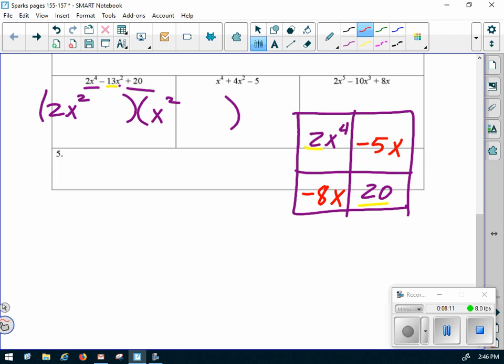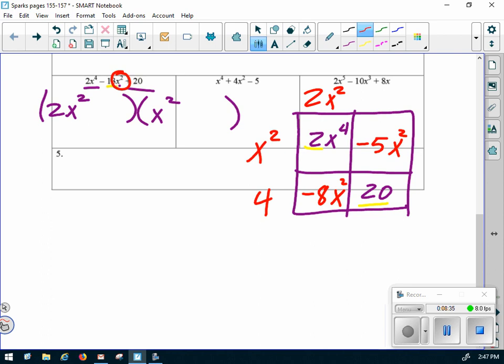And then all I look for is greatest common factors. Is there a greatest common factor in this row? Oh, wait, these are squareds. Sorry. You use whatever that x is right there. So x squared. Is there a GCF here in this row? 4. Is there a GCF in this column?